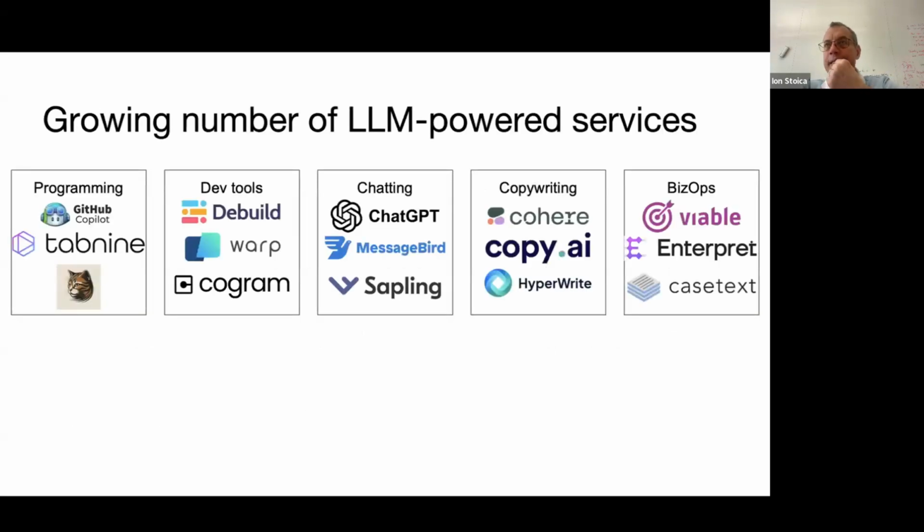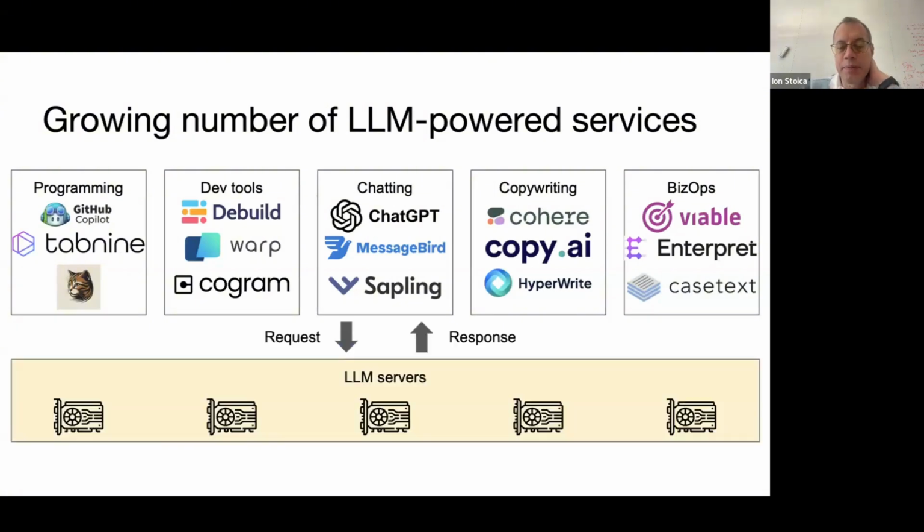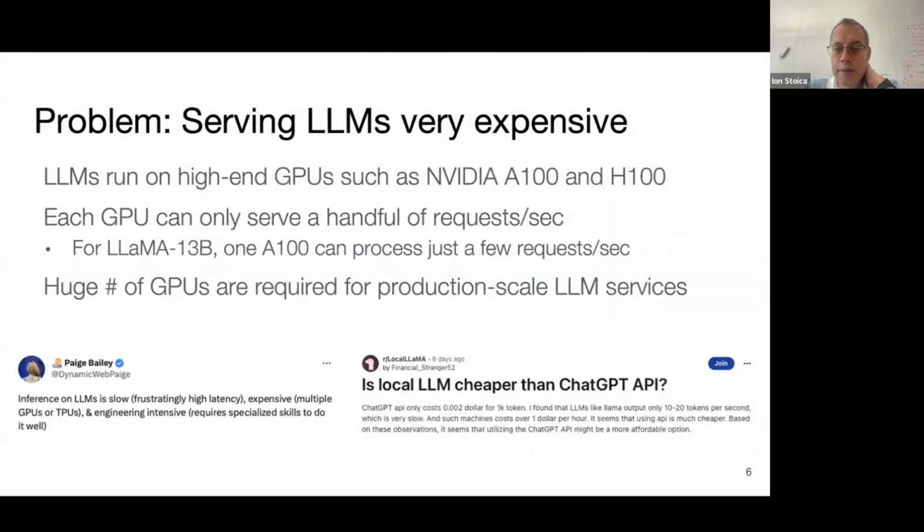So when we started the vLLM in 2023, obviously the problem then, and even today, is that there is a growing number of large language models and a growing workload, and these are very expensive.